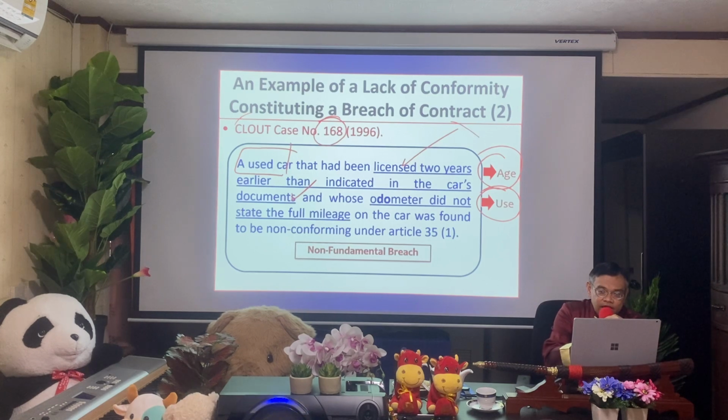That means that in fact, the car was older than what the parties could see from the document. And it was also found that the odometer did not state the full mileage. In fact, the car had been used quite a lot, but the odometer did not seem to be correct.